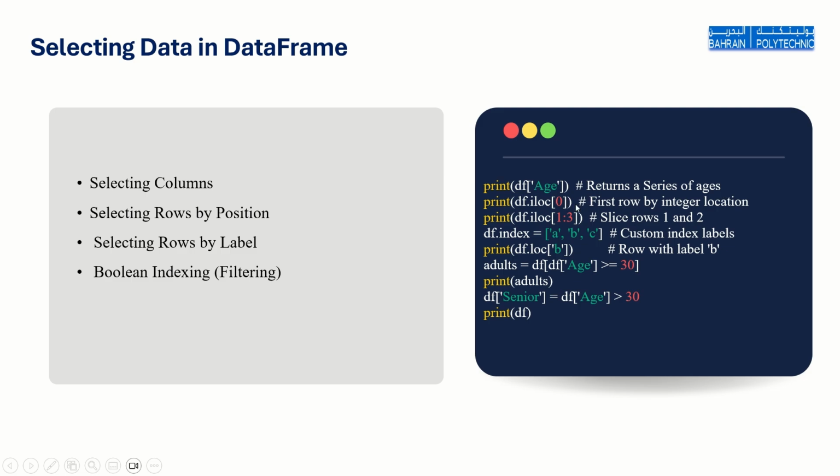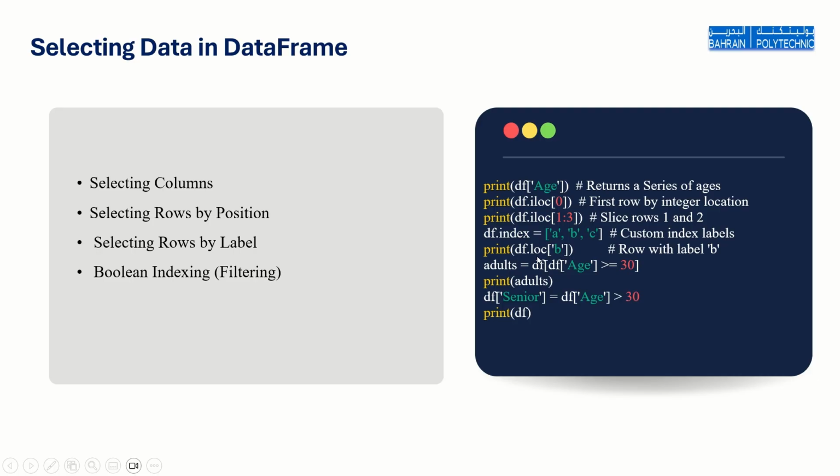And iloc gives you the integer location, the location of the data. If you want to slice your data and take a particular part of it, you can take iloc of an index, and you can customize the index by this. And if you want a particular row with a label B, that is possible here.